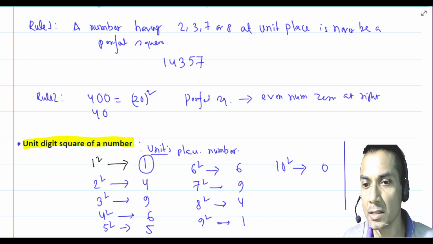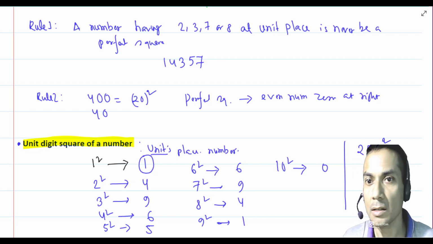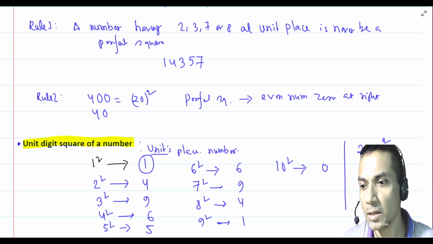If there is a large number, for example 256, you can easily find out the unit digit after squaring. It will be 6, because for 6 it will be 6.